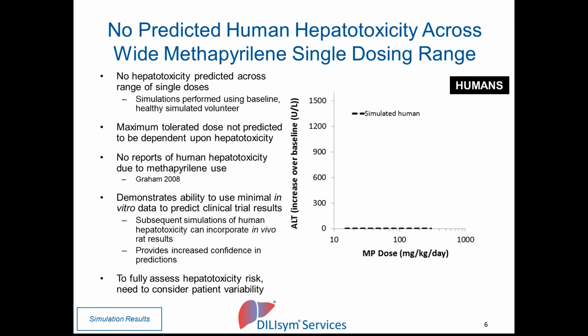So this is the set of simulations with our baseline average human, baseline average rat, baseline average mouse. But to really fully assess hepatotoxicity risk, we need to consider that interpatient, inter-animal variability aspect.